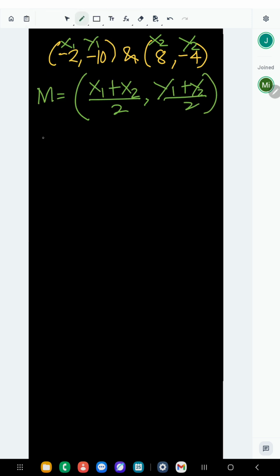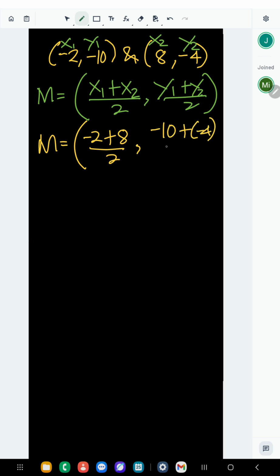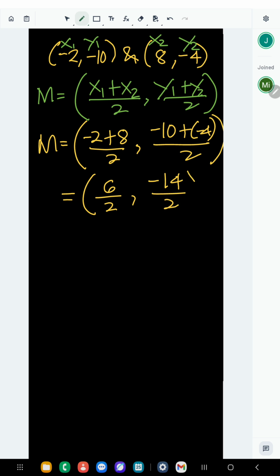Then we plug in everything. This is -2 plus 8 over 2. Then -10 plus -4 over 2. Then this is 6 over 2. -10 plus -4 is -10 minus 4. So this is -14 over 2.